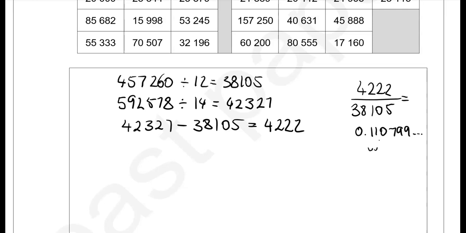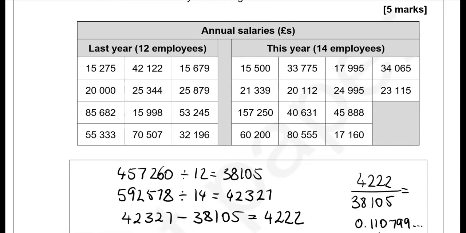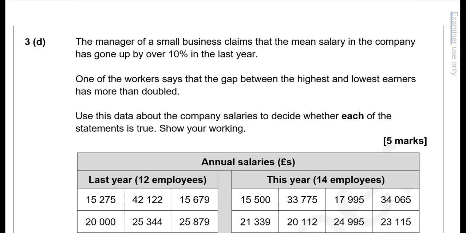So that is about 11%. Let's have a look. It has gone up by over 10% in the last year. That was the claim, and that is correct because 11 is greater than 10%.